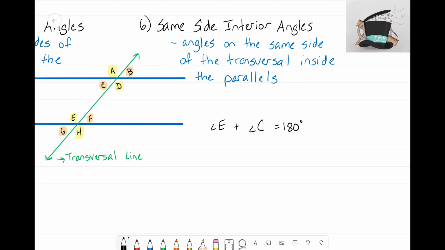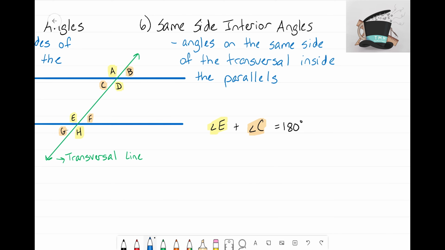They were corresponding angles. And we already knew that E and G made 180 degrees, since they form the green transversal line. Well, if E plus G made 180 degrees, then E plus C will also make 180 degrees because G and C were corresponding. So same side interior angles are not equal. Instead, they are supplementary and add to 180 degrees.